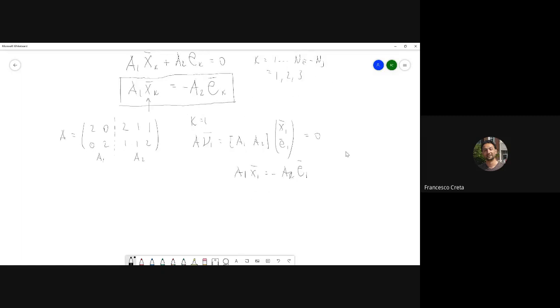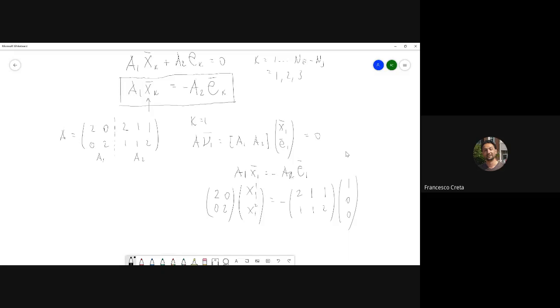A1 is this matrix here, 2, 0, 0, 2, multiplied by x1, 1 and 2, and this is equal to minus this submatrix here, 2, 1, 1, 1, 1, 2. And what's this canonical vector here? It's the first one, so it's 1, 0, 0.